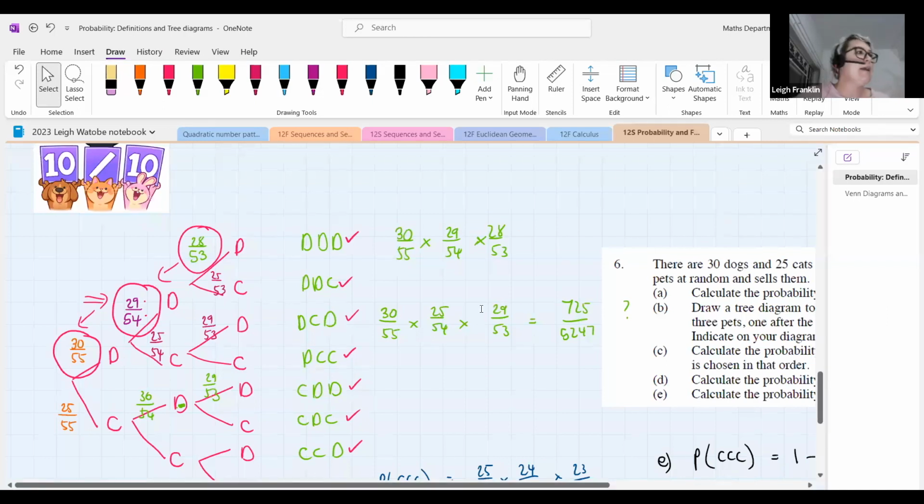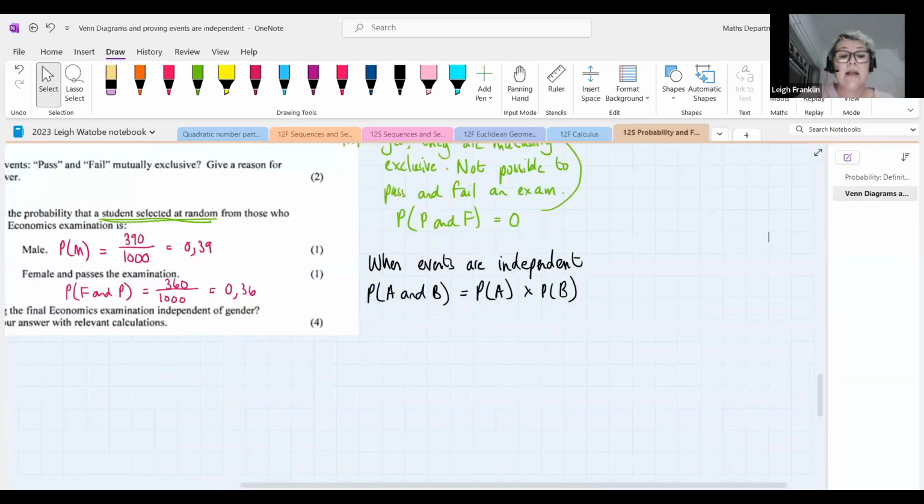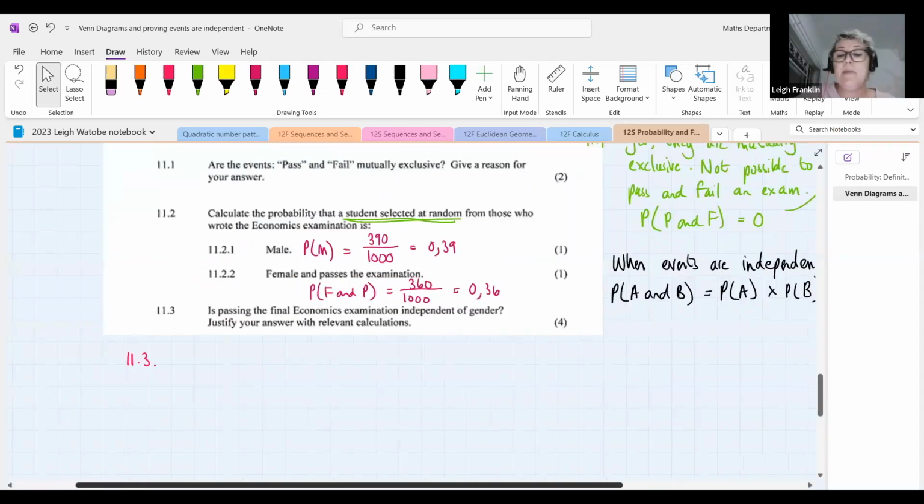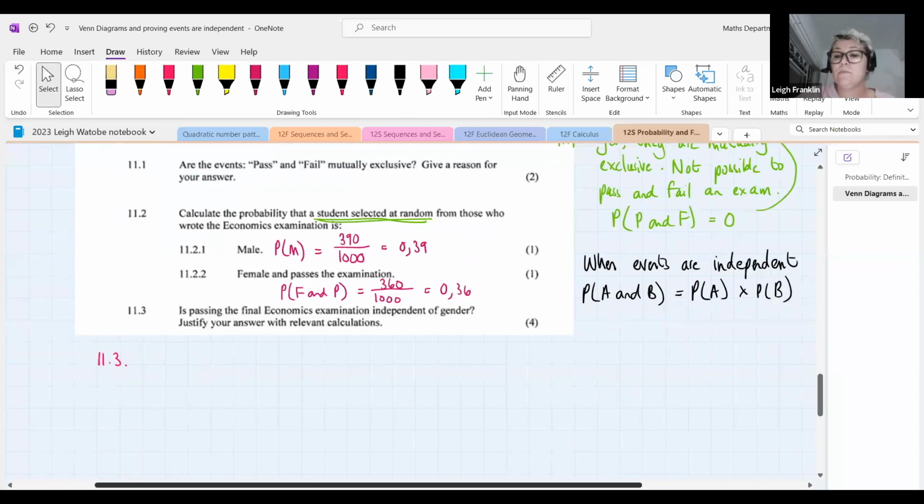If you take a ball out of a bag, look at it and then put it back in the bag, then you're not going to have dependent events. But if you look at the ball and take it out, then you are going to have dependent events. Does that make sense to everybody? Understanding the difference between independent and dependent.